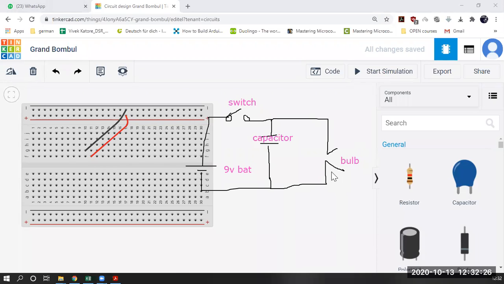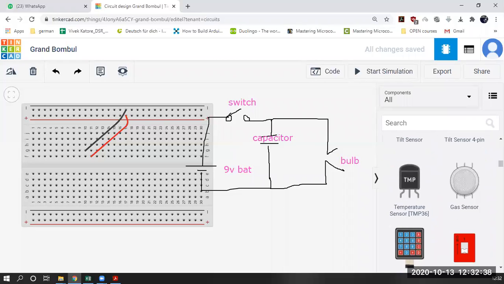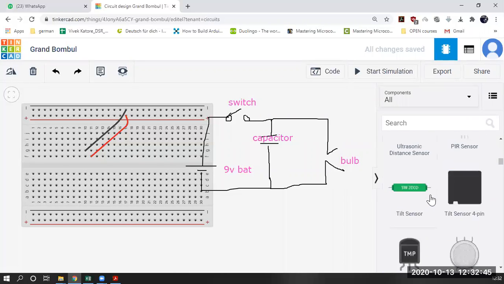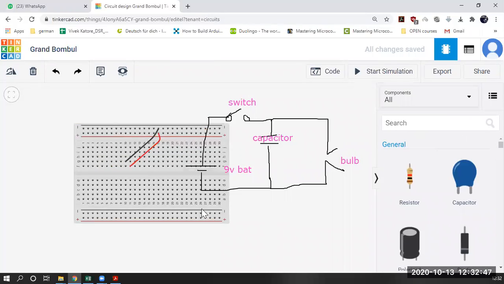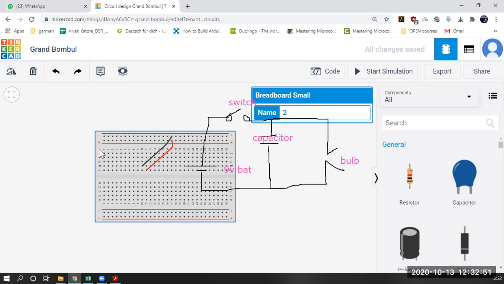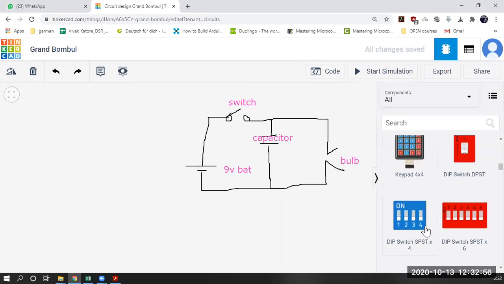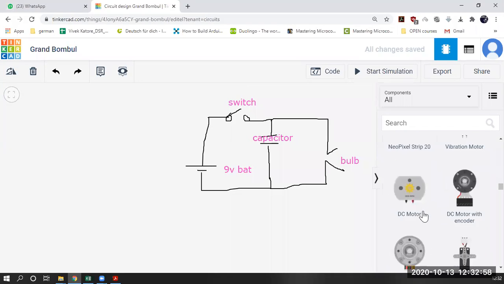So yeah, I wanted to connect this circuit. So let's go here. Let me make it like how we normally make the circuit.